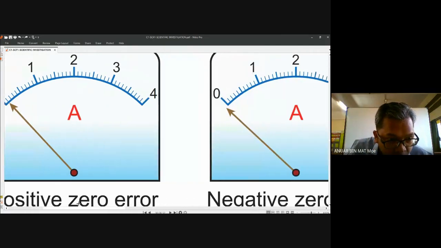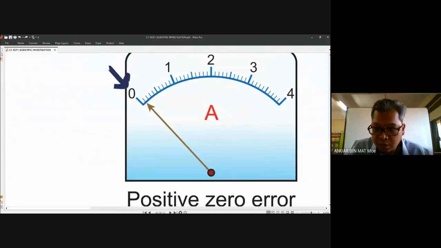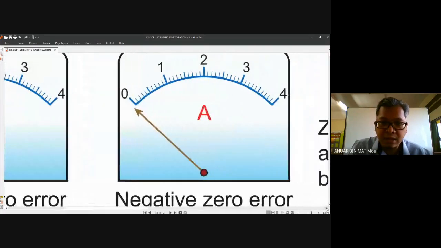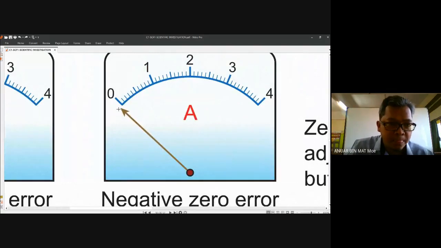If the position of the arrow or the needle on the ammeter is less than 0, this is what we call negative zero error. Negative zero error and positive zero error. Positive zero error means that the needle is more than 0. This is before you take the measurement, because when you take the measurement, the needle will go up, whether it goes to 2 ampere, 1 ampere or 3 ampere.